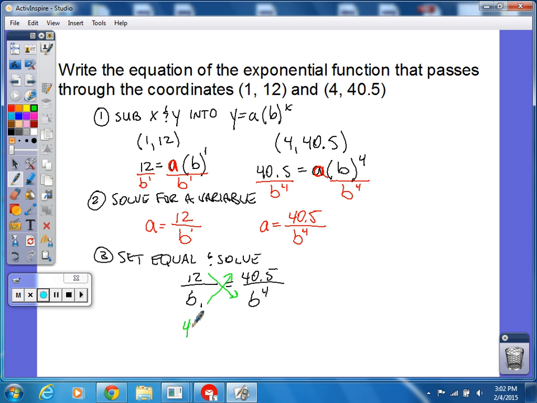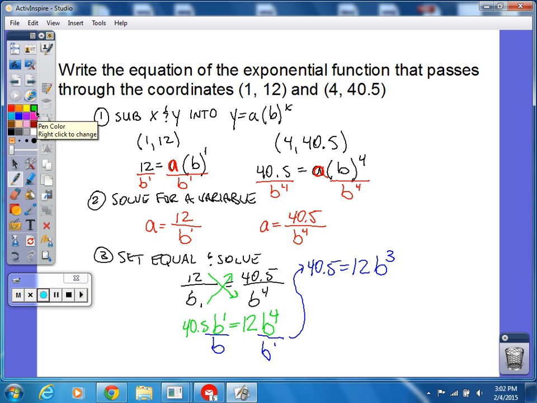So I get 40.5 B to the first equaling 12 B to the fourth. Okay. To finish solving that, I'm going to divide both sides by B to the first. Always move the smaller variable. So I have 40.5 equaling 12 B to the third.